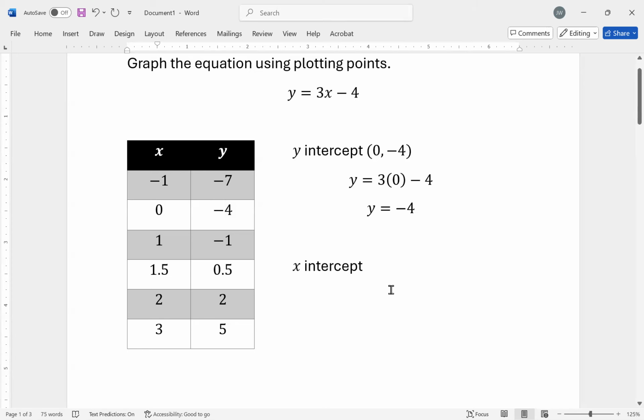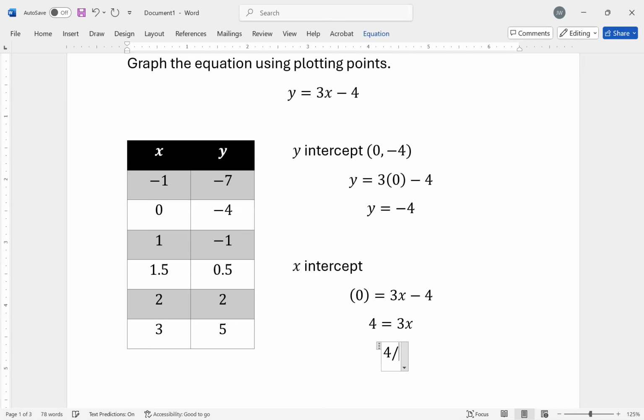By the way, we could have also looked on our table to see that as well. The x-intercept we get when we plug in 0 for y. Now that's going to be 0 is equal to 3x minus 4, and that's going to cause me to have to solve this equation. In this case, I'd have to add 4 to both sides and then divide by 3.